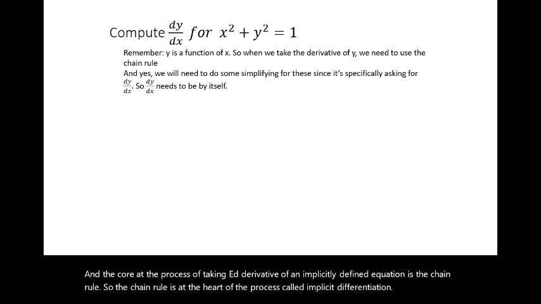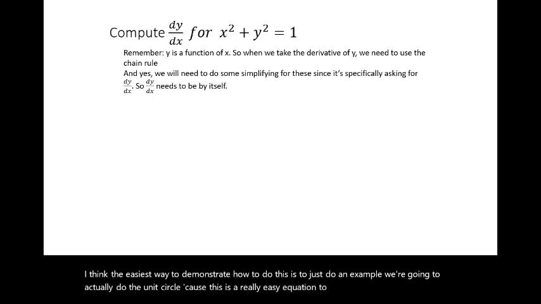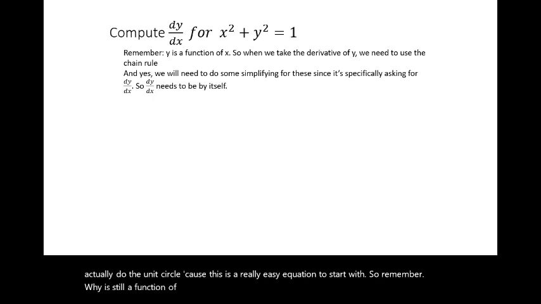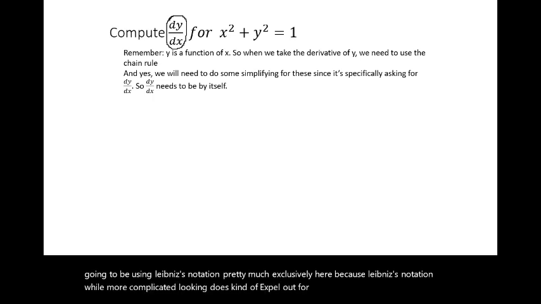I think the easiest way to demonstrate how to do this is to just do an example. We're going to actually do the unit circle because this is a really easy equation to start with. So remember, y is still a function of x, and it is actually important what we are computing, and we're going to be using Leibniz's notation pretty much exclusively here, because Leibniz's notation, while more complicated looking, does kind of spell out for you what is the independent variable and what is the dependent variable.